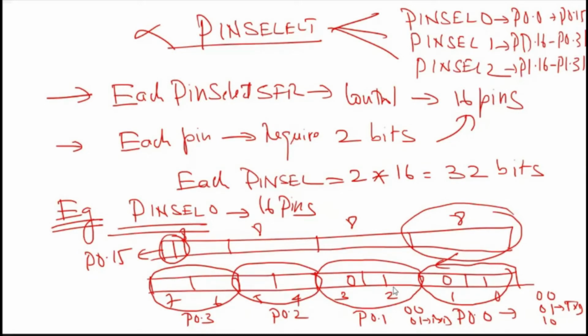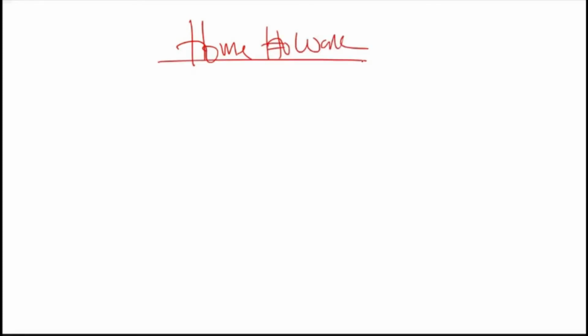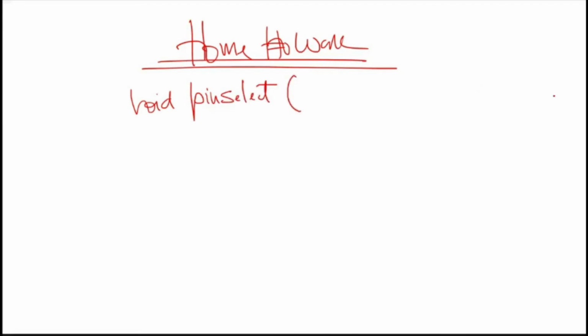So I am giving you a homework here, all of you. Every time it will be very difficult for me to select the pin, so all of you take this homework. Write a general purpose function, void pin select. It has to take 2 parameters. The first parameter is the pin number.